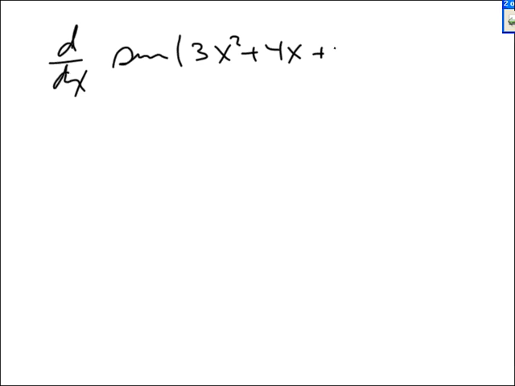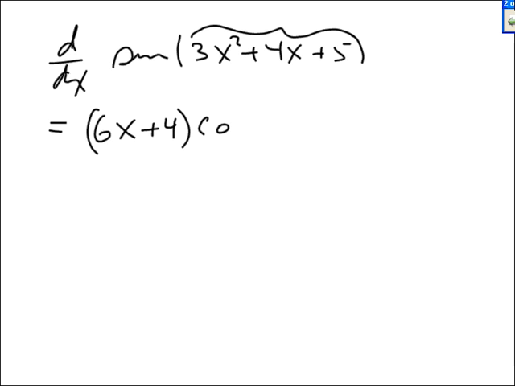If somebody asks you to find the derivative with respect to x of the sine of 3x squared plus 4x plus 5, this here is your u. It's the angle. The derivative of the sine of any angle is the derivative of the angle times the cosine of the same angle.